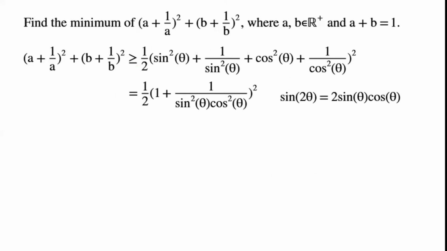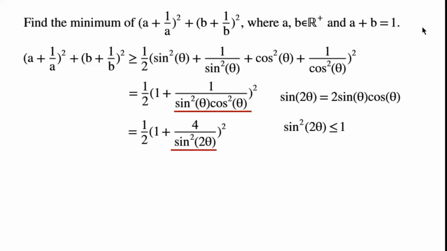We know that sine 2 theta equals 2 sine theta cosine theta. So 1 over sine squared theta cosine squared theta can be written as 4 over sine squared 2 theta. We know that sine squared 2 theta is less than or equal to 1.